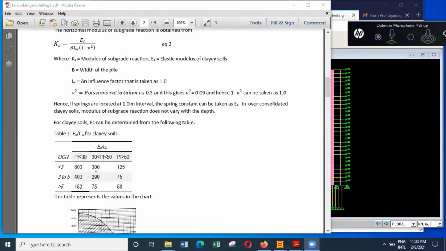But if you have already done a test and you have found the plasticity index, and if it is less than 50, then you can use 200. And if you haven't done it, then you can use this value.